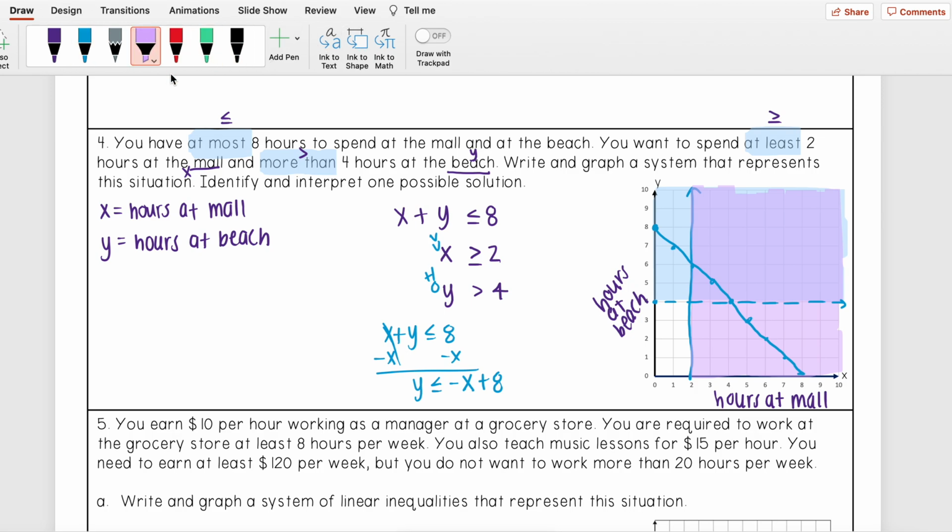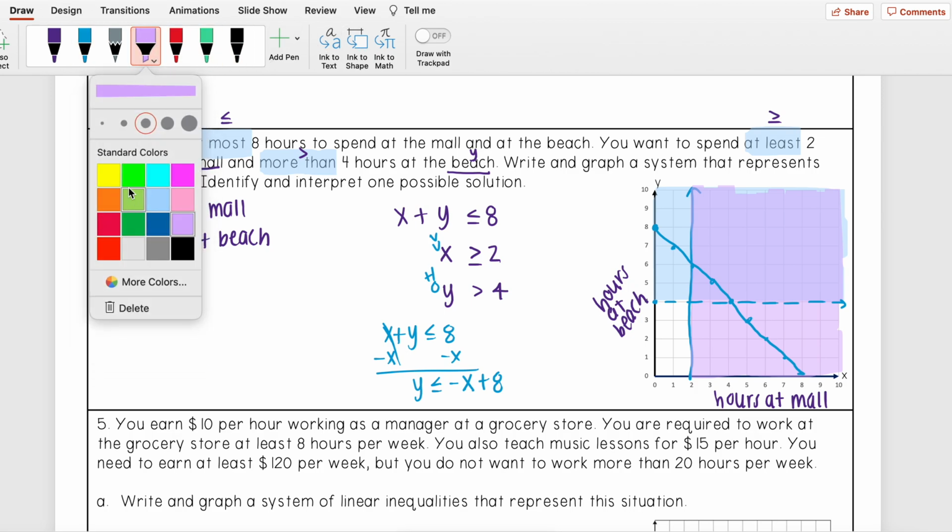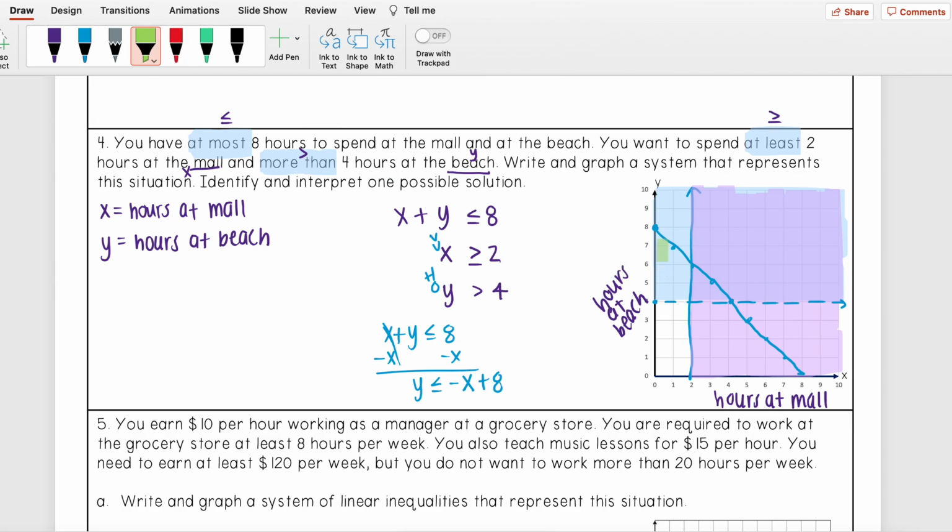And since it's less than, I'm going to shade everything below. And so my solution is going to be everything where all of the shadings overlap. And so that's going to be that triangle there.